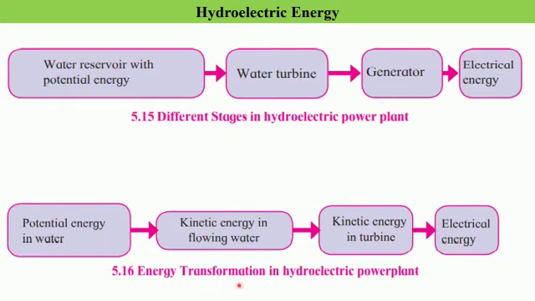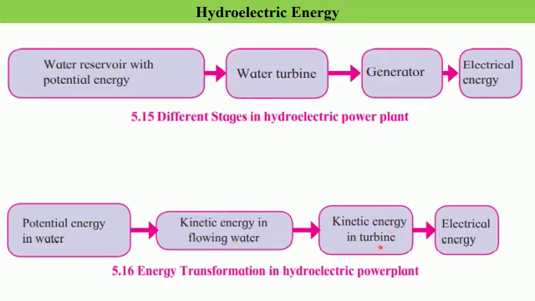The energy transformations which take place at a hydroelectric power plant are as follows. Potential energy in water: the stored water in the dam has potential energy in it. It is converted into the kinetic energy of flowing water. So it is made to fall, hence the potential energy of water gets converted into kinetic energy.